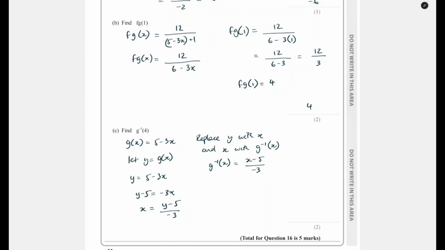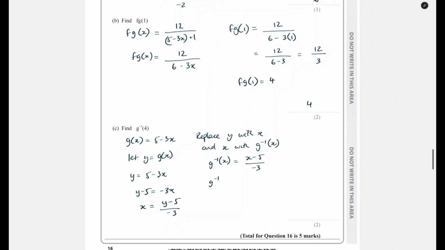Now it's asking us to work out the inverse function of g where x equals 4. So anywhere I find x, I'm going to replace with the number 4. That's (4 minus 5) over minus 3. That's minus 1 over minus 3, which is equal to a third.